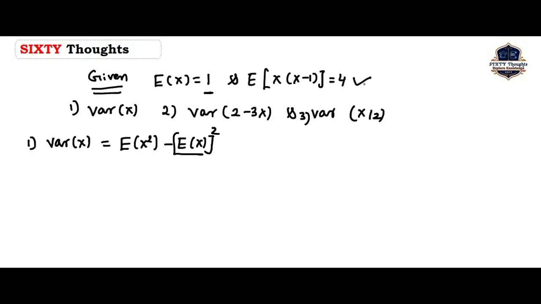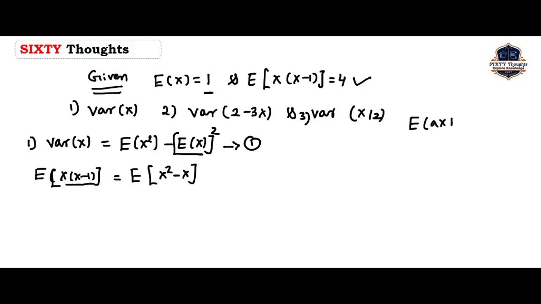Let us take the given function, expected value of X into (X minus 1). Consider this as equation number 1. To simplify this, first we multiply these two: expected value of X into X is X square minus X. We know the property that expected value of aX plus b can be written as a into expected value of X plus b.